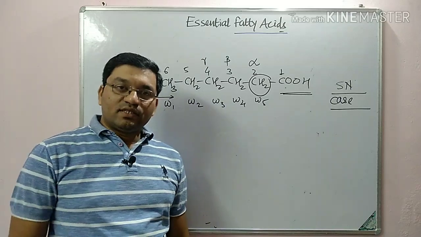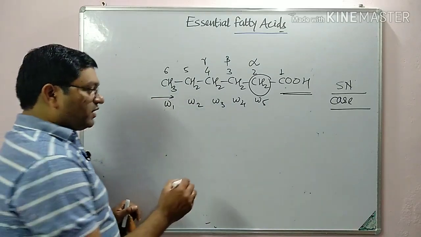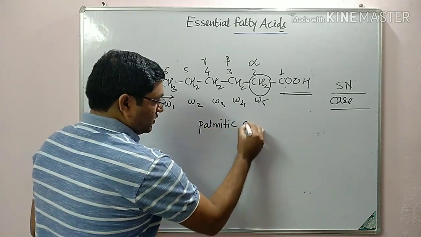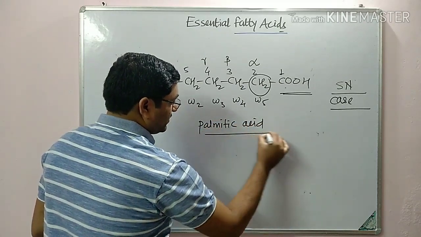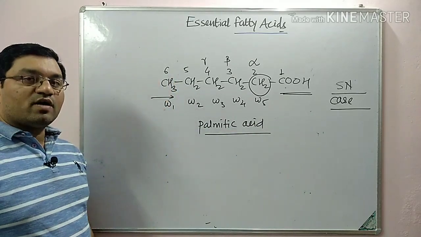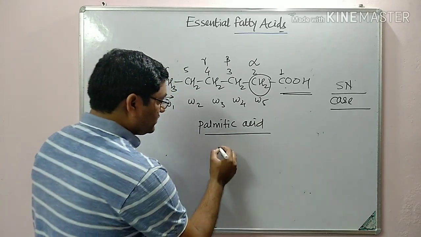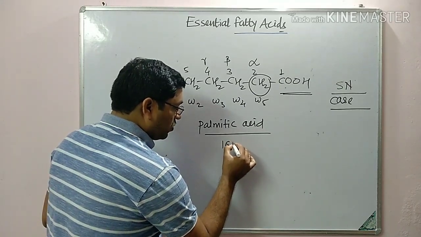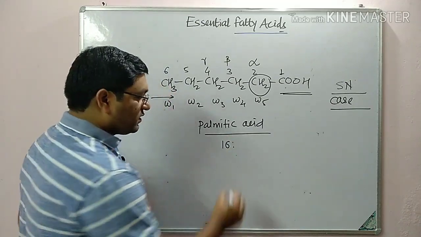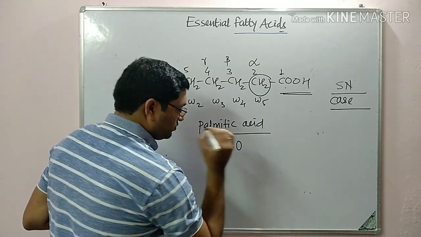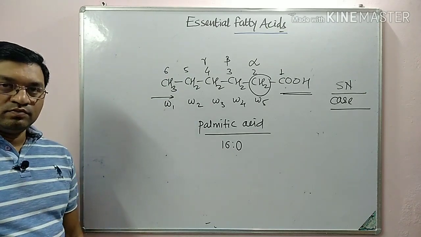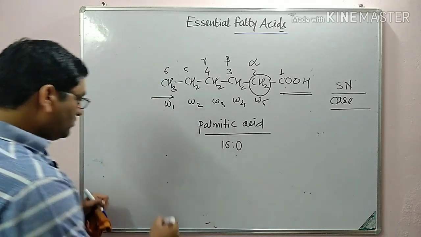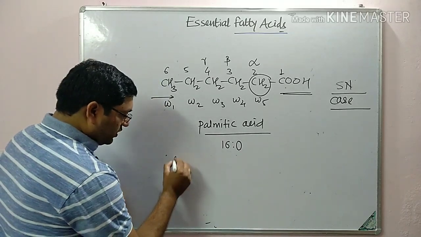There is a shorthand representation for fatty acids. For example, palmitic acid is a saturated fatty acid with no double bond, and the number of carbon atoms in palmitic acid is 16. So it is represented as 16 colon 0, as there is no double bond. Take one example of an unsaturated fatty acid, that is linoleic acid.